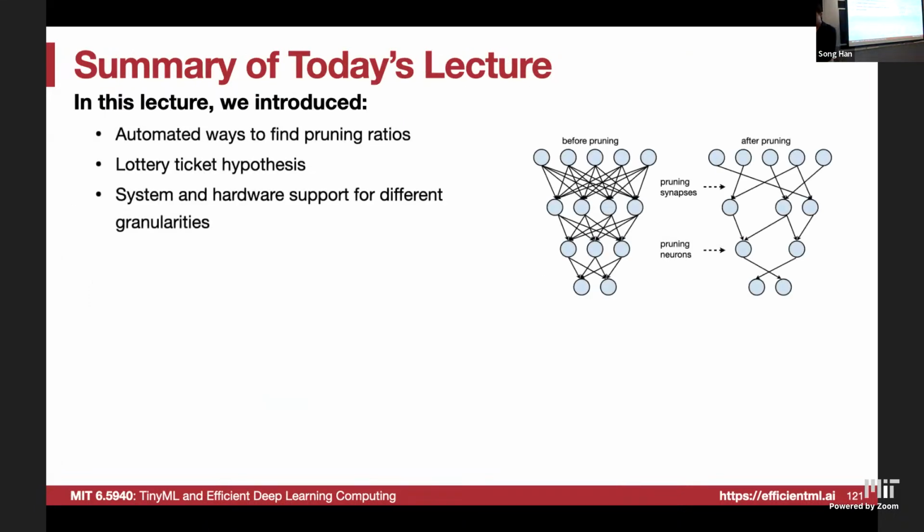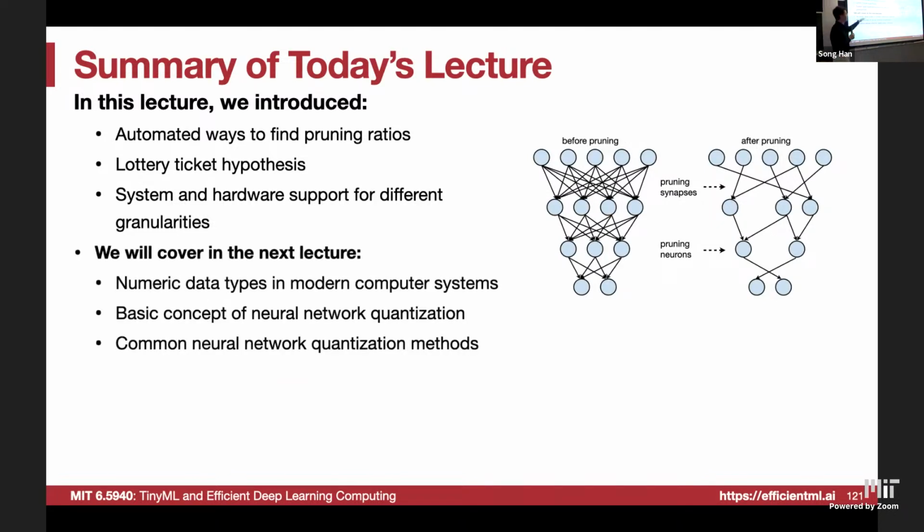So we introduced an automated way to find the pruning ratio and the lottery ticket hypothesis, since it's actually hard to find the sparsity pattern without training, and introduced the system and hardware support to turn those theoretical savings into measured speedup. And in the next lecture, we'll talk about numerical types.